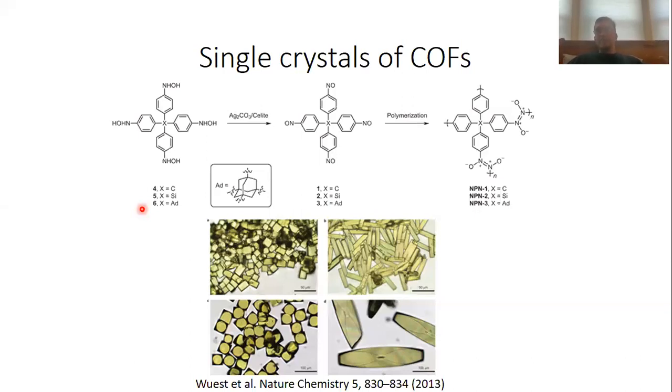But by simple comparison between a simulated X-ray diffraction pattern of an assumed structure and the experimental X-ray diffraction pattern, one can prove that a certain structure has been formed.